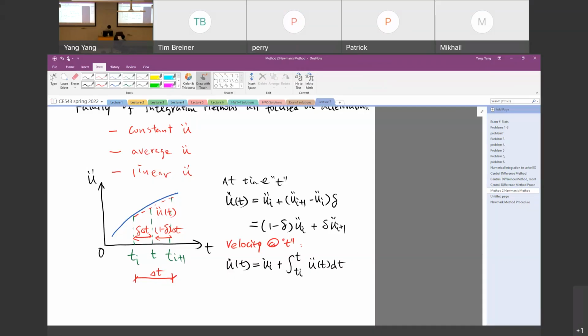Now we plug the top equation into the bottom equation, and we should be able to get the velocity.